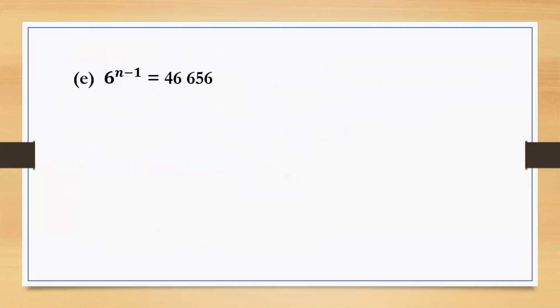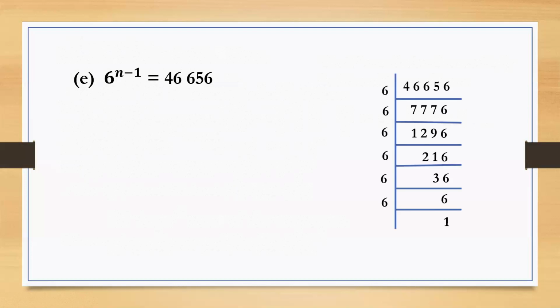Now I need to find which term corresponds to 46,656. So I equate the expression of the nth term to 46,656. And I need to solve this equation, what we call exponential equations. So here I divide by 6 until I get 1.